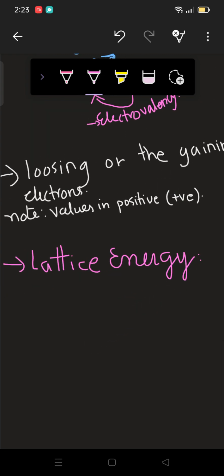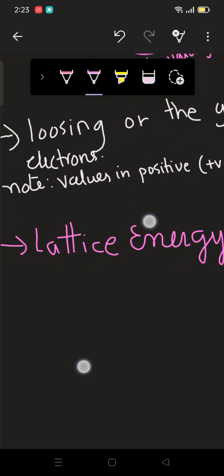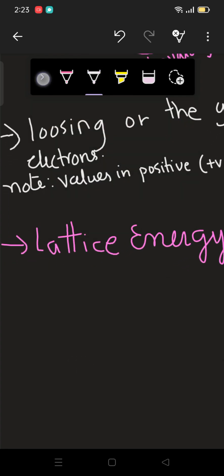Okay, so now what is lattice energy? Lattice energy is basically the energy which is released when 1 mole of ionic compound is formed from the gaseous ions. Let me write this definition here.